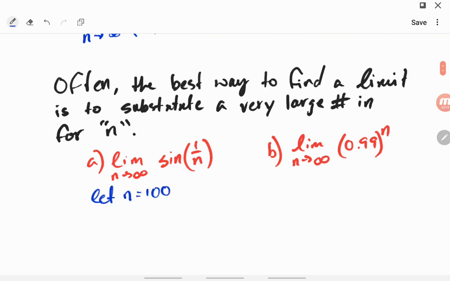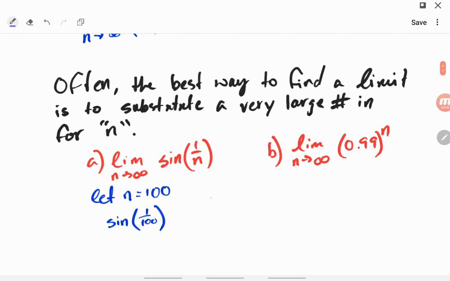So what we have here is the sine of 1 over 100. Now, 1 over 100 is not 0.001, that's going to be just 0.01. So as n is getting larger and larger, it approaches 0. And so does sine of 1 over n.